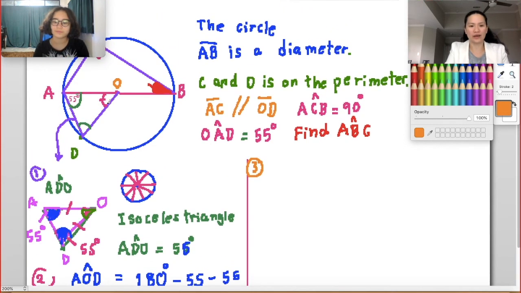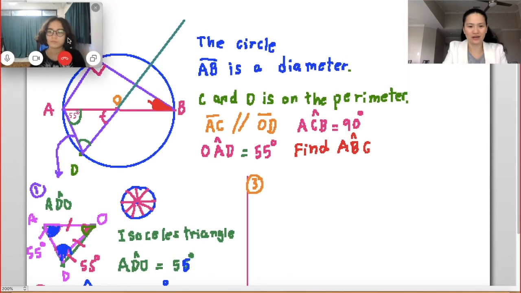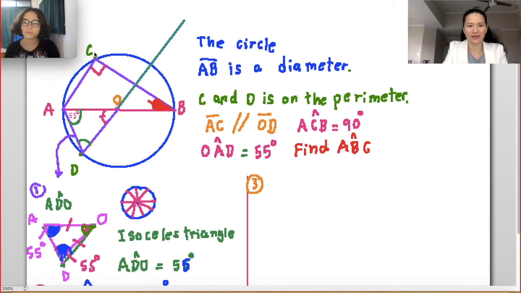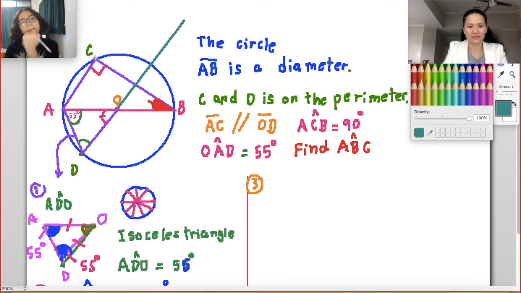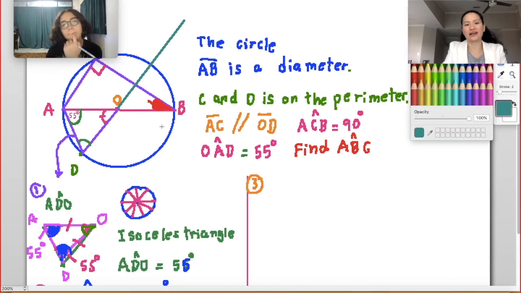Alright, look at this one. Well, how about if I put another line like this? This one, let's see, like this. You could see that. And I give the name, how about I give the name of this one is F, okay?